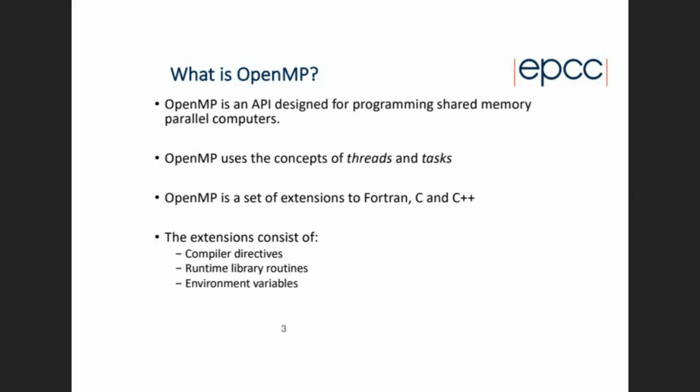And those extensions consist of 3 different types of things. The most important one is compiler directives, but there are also runtime library routines, and there are also environment variables. And we'll be talking about all of those at some point.